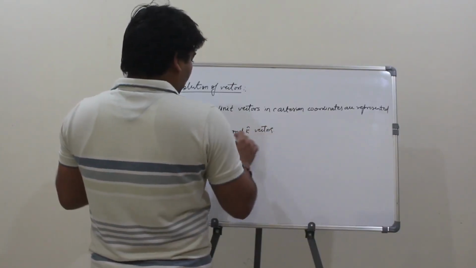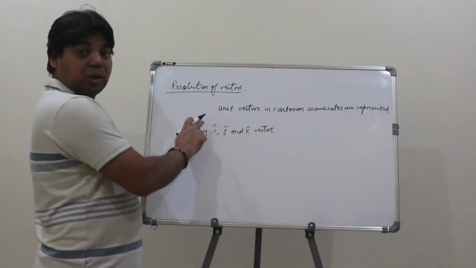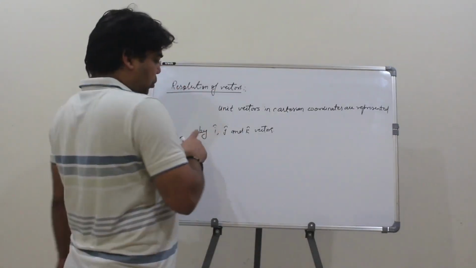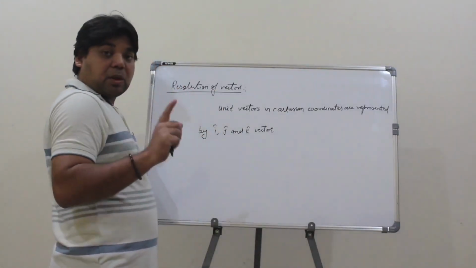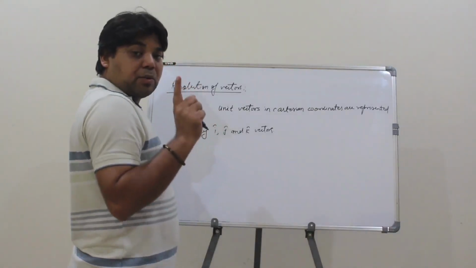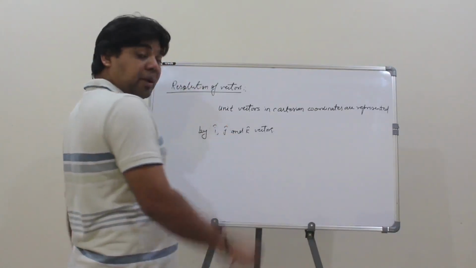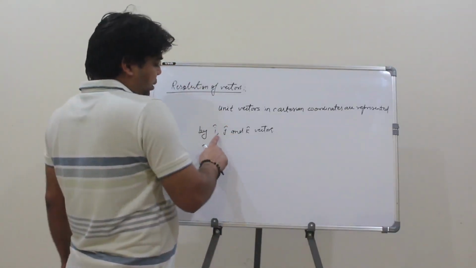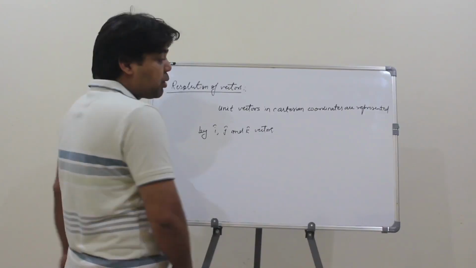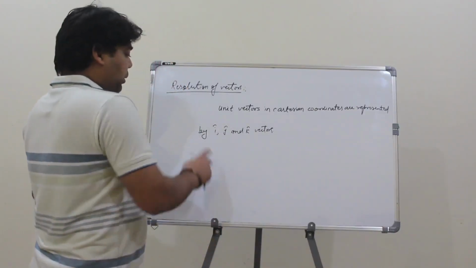Now this k cap represents the unit vector, whereas a vector which is not a unit vector will have an arrow. This is a unit vector. Cap represents the unit vector, right?